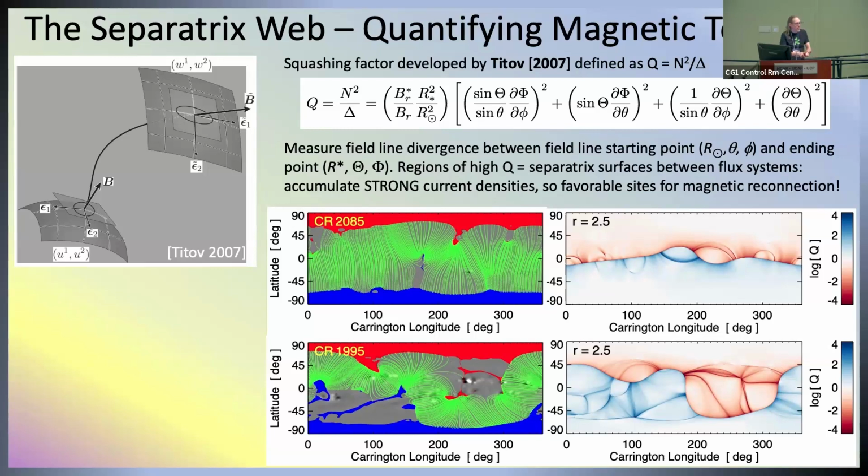Because there's no sign change, but it's the same kind of thing where if you move a little bit, your field line comes down and you end up on one side of your closed flux region. And even though we're now all the same polarity, you move a little bit and you kind of end up on your other side. So all of these arcs, and you can see, okay, for this top example, this blue arc has got something to do with this patch of gray right here.